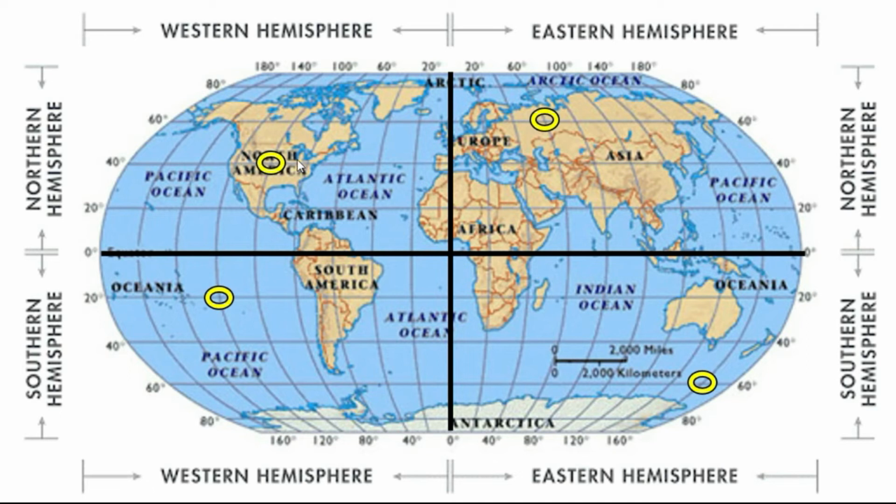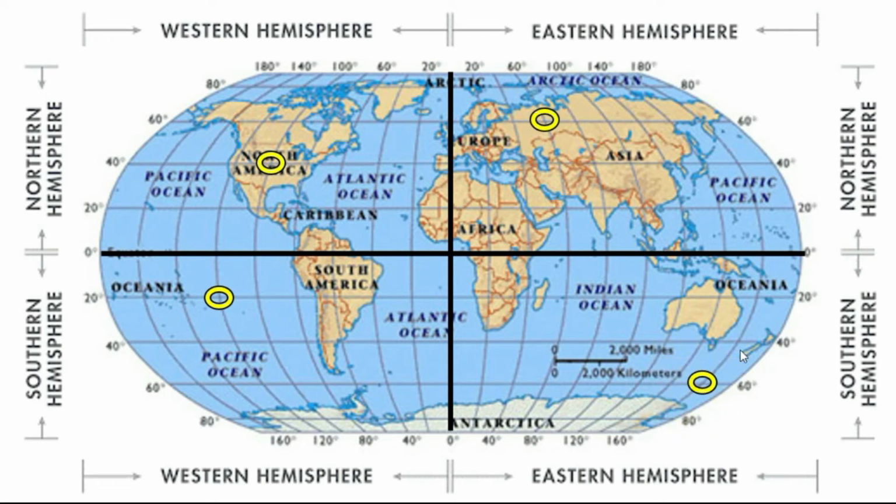If we take a look at this coordinate, this point on the Earth, you'll see it's in the northern hemisphere because it's north of the equator, but it's also in the western hemisphere because it's west of the prime meridian. This point is in the northern hemisphere and in the eastern hemisphere.